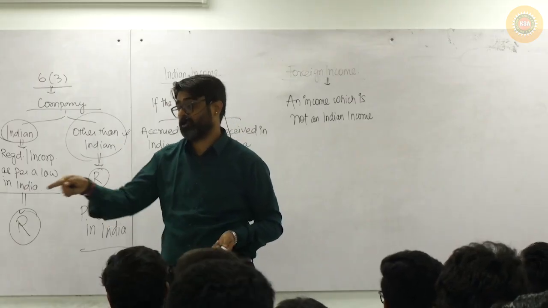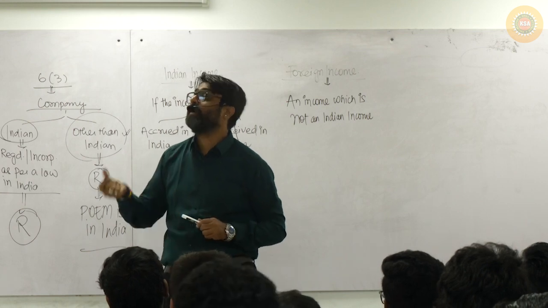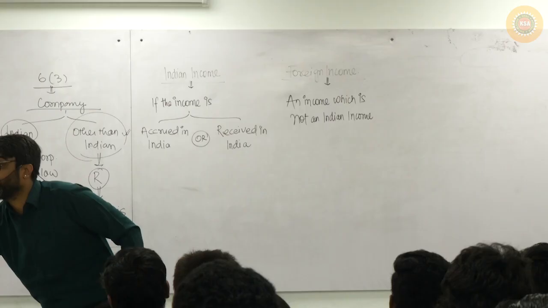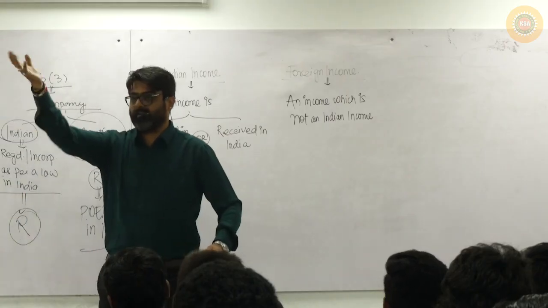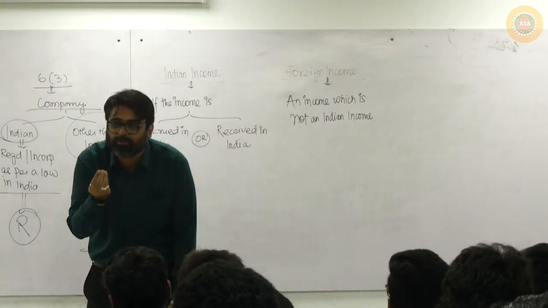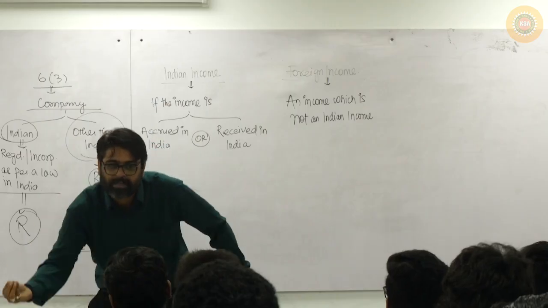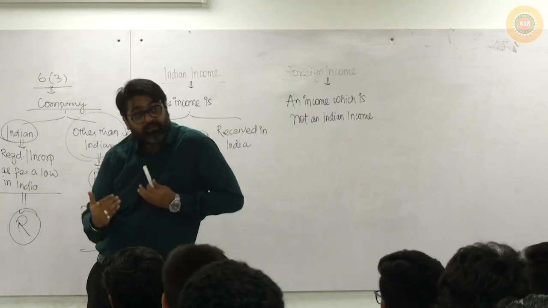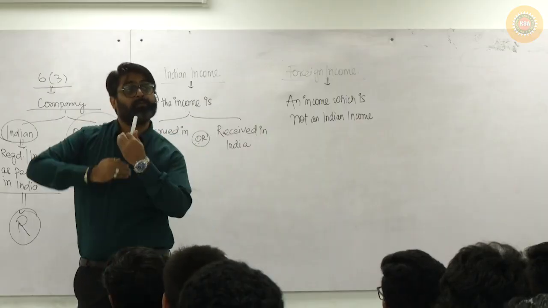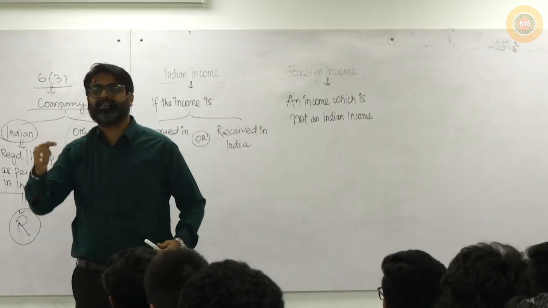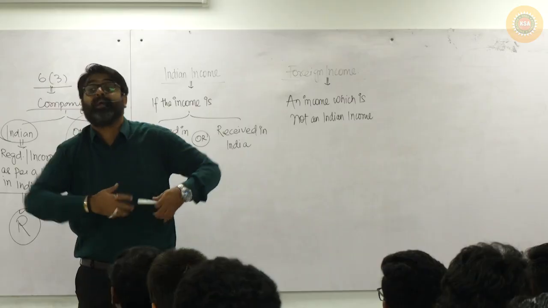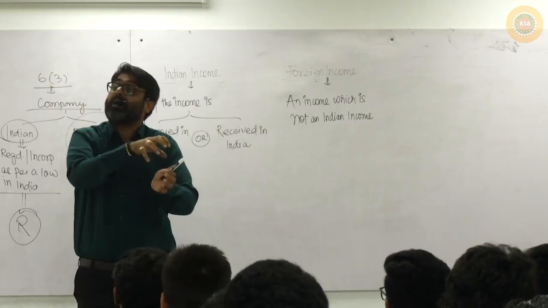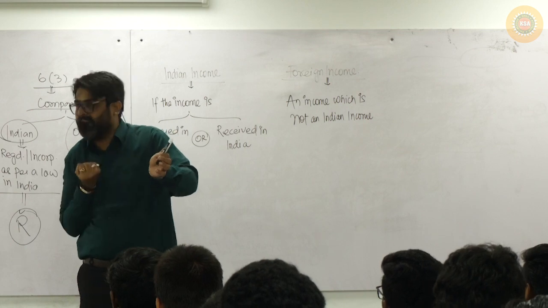But for that, the income should accrue in India. Accrue in India means the source from where the income is getting generated should be in India, meaning the income is getting generated from India. Accrual does not mean becoming due. Due means when you have the legal right to get that income.